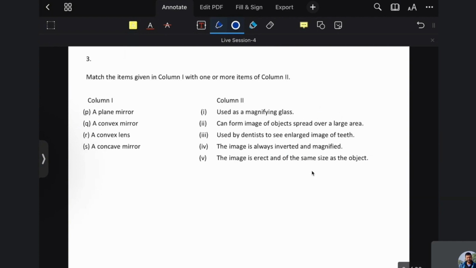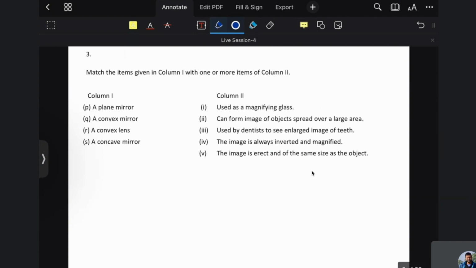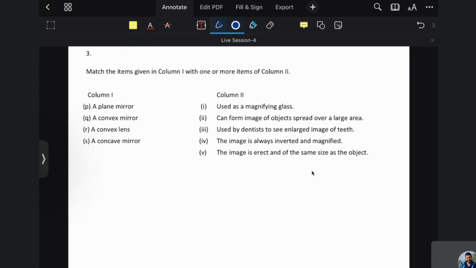Now we have a match the column problem. The question is: match the items given in column 1 with one or more items of column 2. Okay, so first in column 1 we have P, a plane mirror.